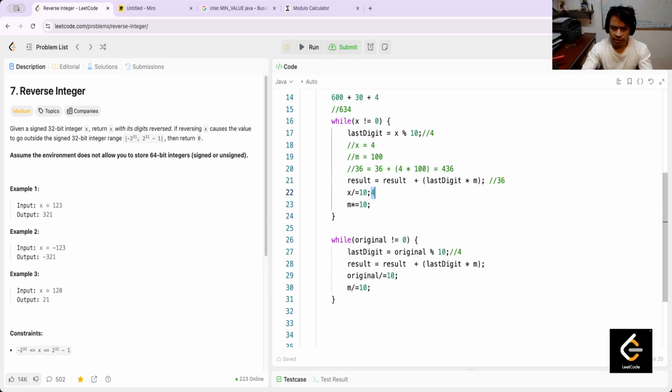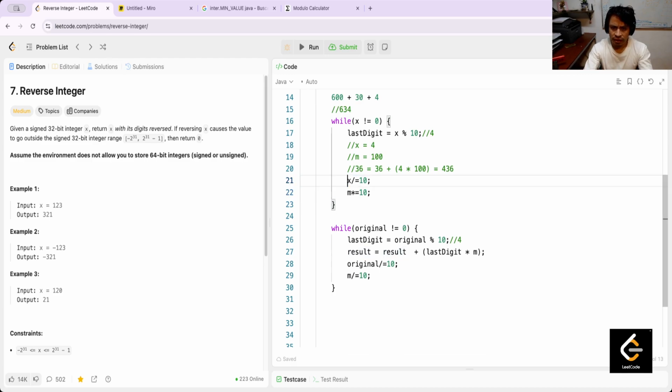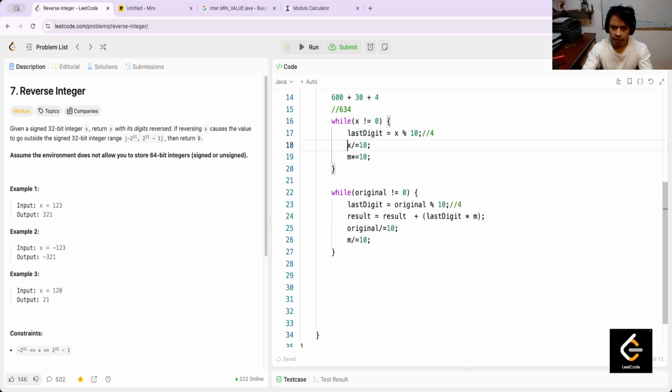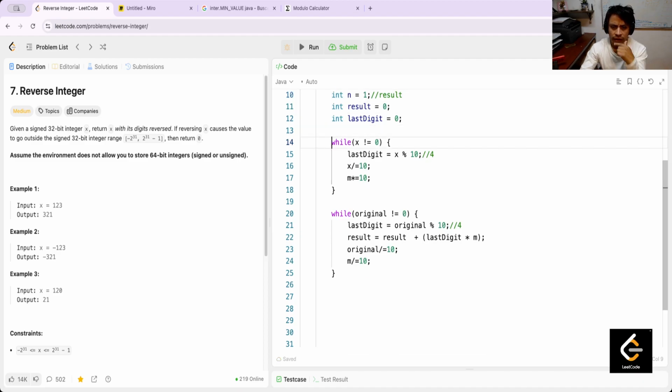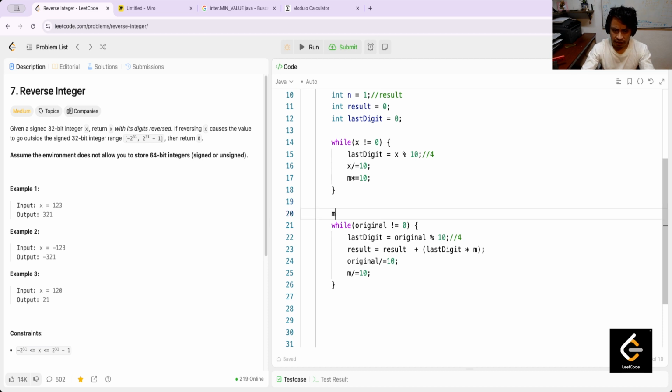This is not necessary anymore. Now where I reach this divided by 10, because in the last iteration it increases one more time, but it's not necessary.